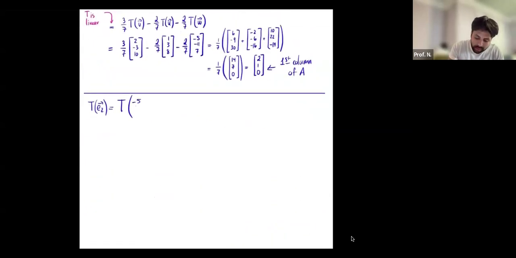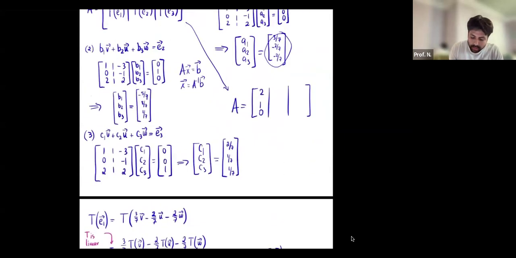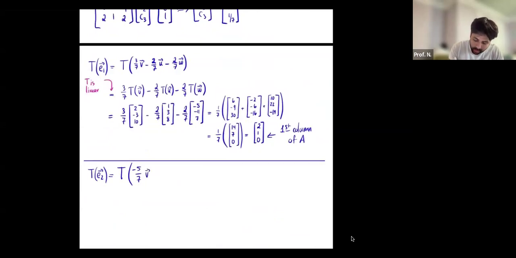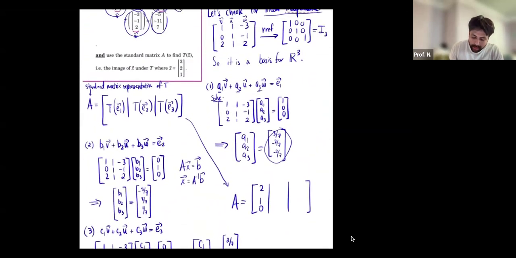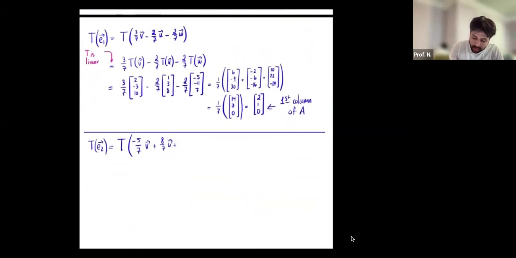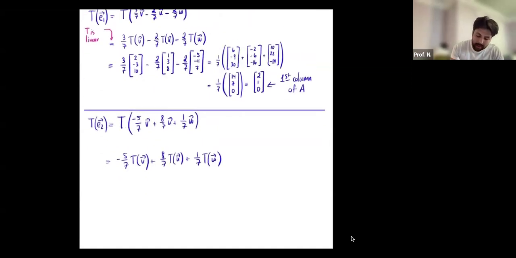I'm using negative 5/7, and it's what, V, plus 8/7 U, and then plus what? 1/7 of W. Which is the same thing as saying negative 5/7 of T of V plus 8/7 of T of U plus 1/7 of T of W. And again, I know what this is.